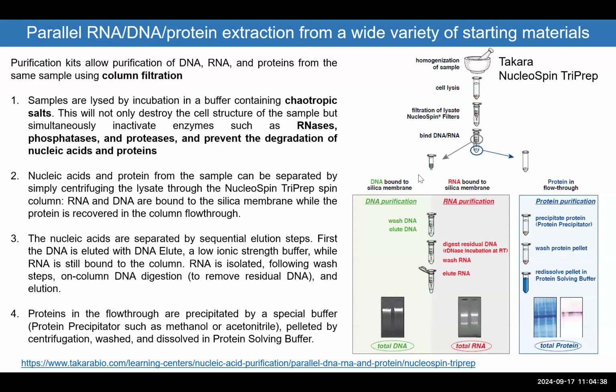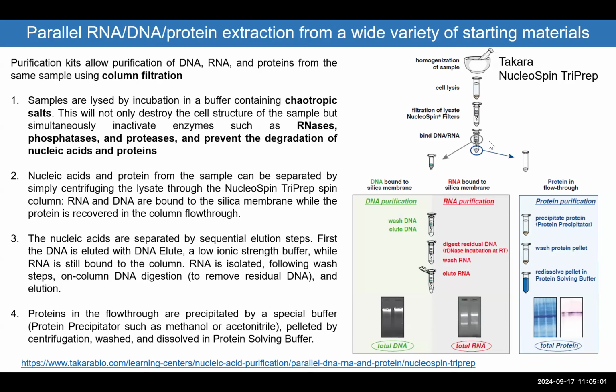And therefore, if you load the samples on the column and centrifuge, the proteins will pass through the column while DNA and RNA will bind. Now you have the fraction where you have the proteins. All you need is just to precipitate it. And here's how you precipitate the protein with methanol or acetonitrile.